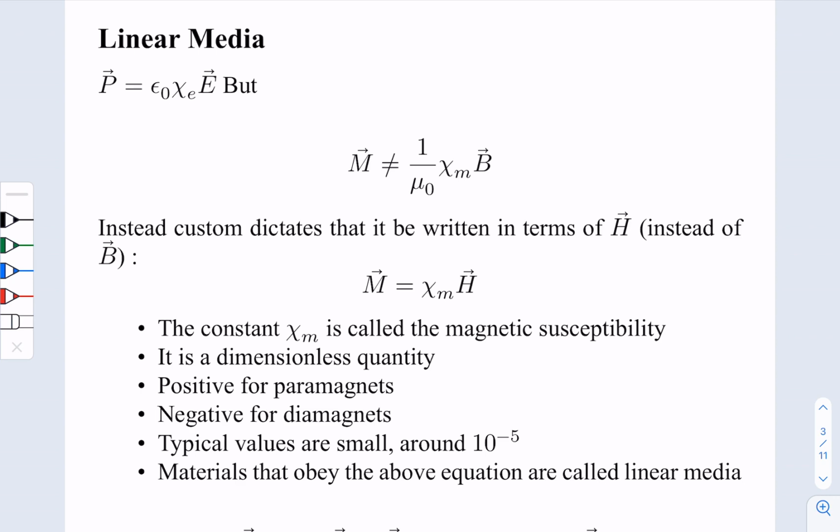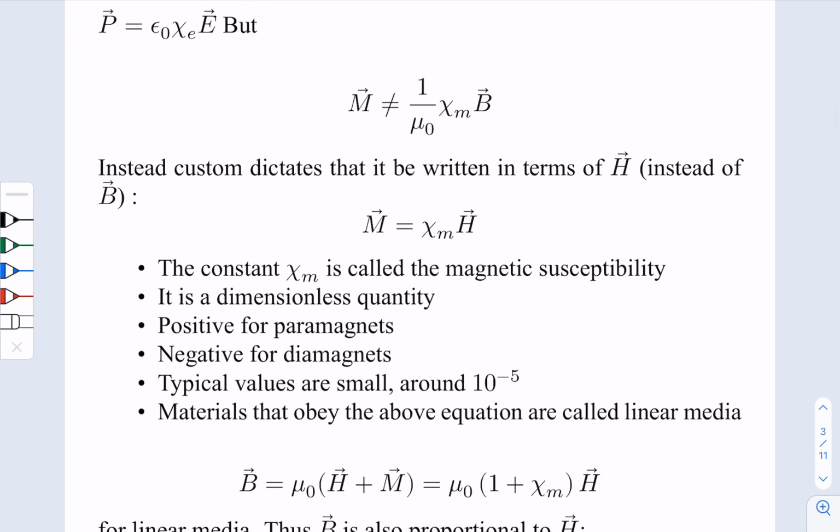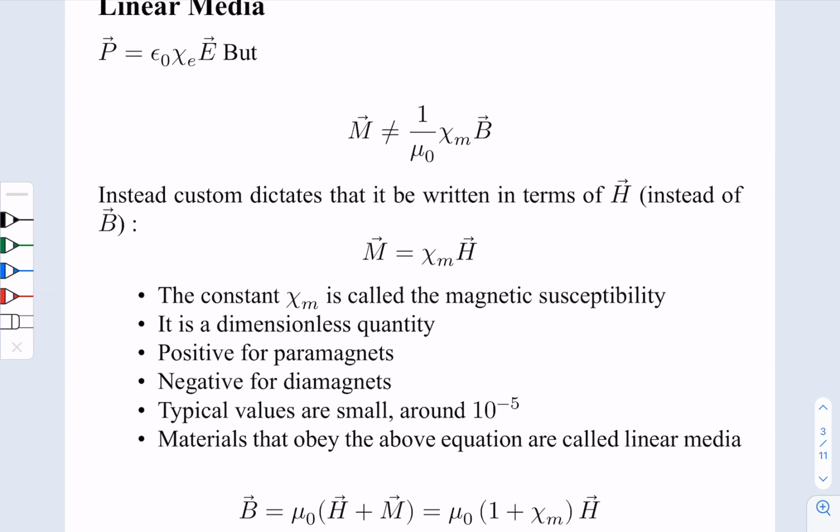Here, chi M is typically a small number, on the order of 10 to the minus 5, except for some special materials. And all materials that obey the equation over here are defined as linear media. Pay attention that linear here also implies that it's isotropic.